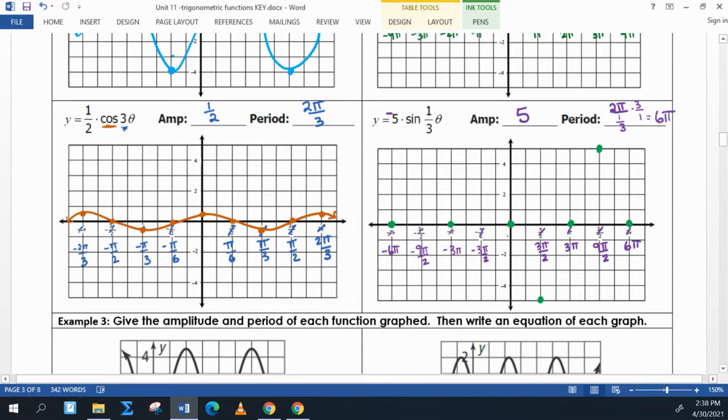Okay, so I just came from down, so now I'm going to go up to the top, middle, down, middle. And then we can try really hard to connect these nice, lovely dots. And that is my nice, lovely -5 times the sine of 1/3 theta curve.